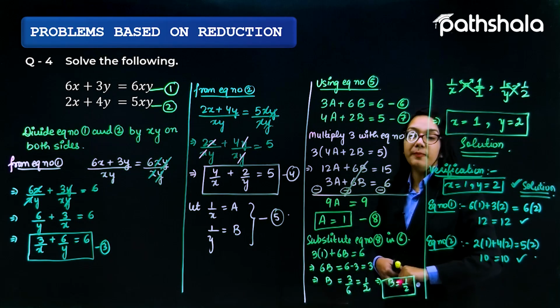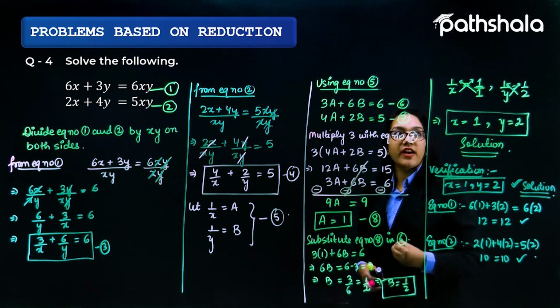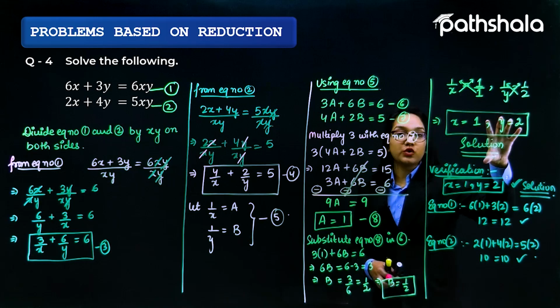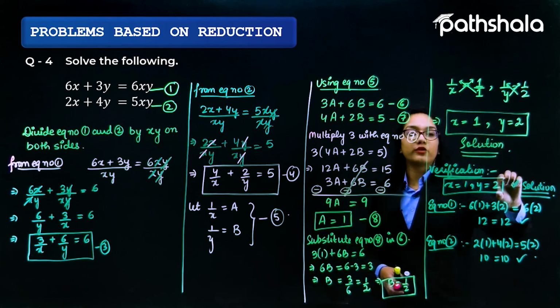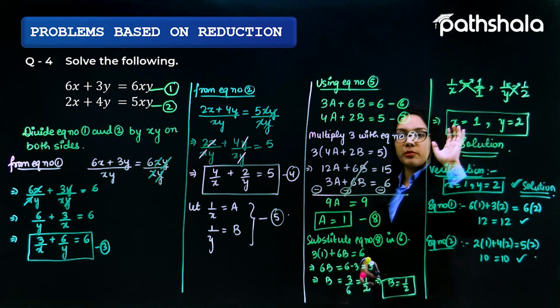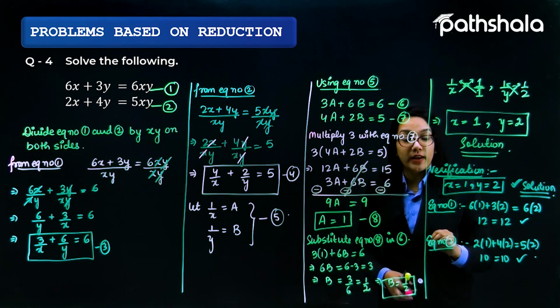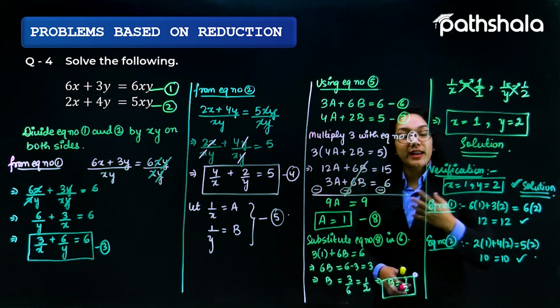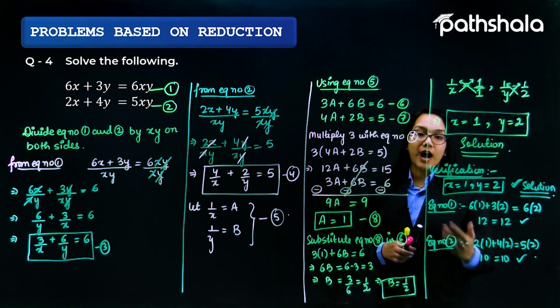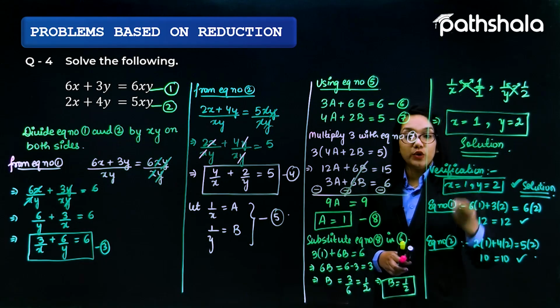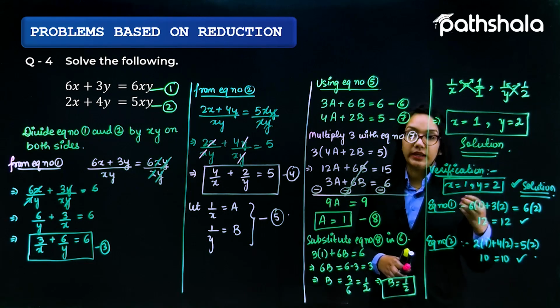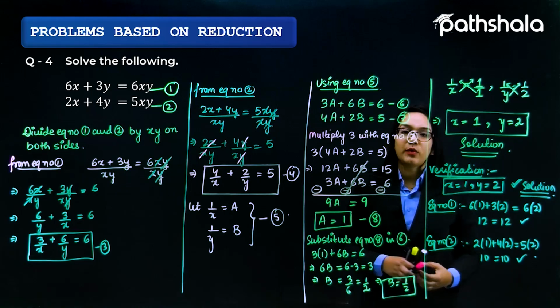Always remember, whenever we want to verify that the solution we are getting is correct, we have to plug in the values, that is x is equal to 1, y is equal to 2, in both of the equations, and if LHS comes out to be equal to the RHS, it means the solution set is verified and the answer that we are getting is absolutely correct. So this is all about question number 4.